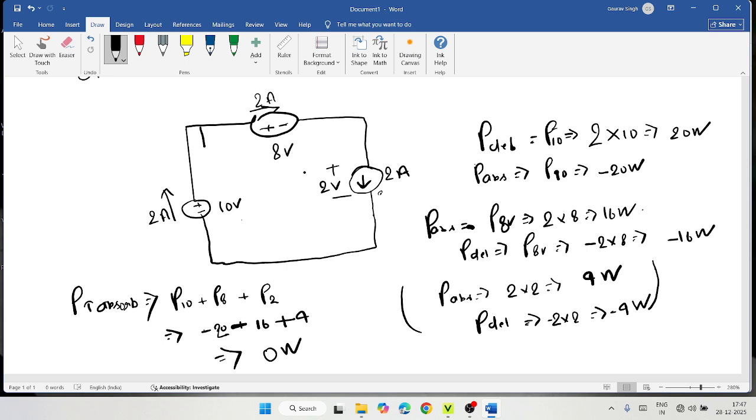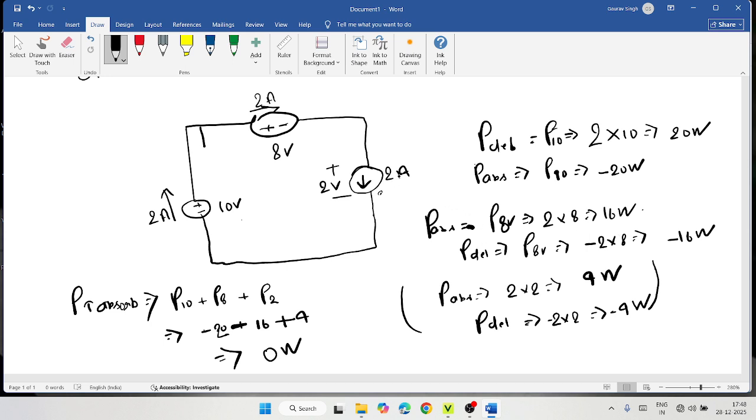Similarly, for the 8 volt voltage source, current enters through the positive side of the terminal, so this is absorbed power. So for 8 volt, 2 into 8 is equal to 16 watt. 16 watt is the absorbed power, and the negative of that is the delivered power, so minus 16 watt.